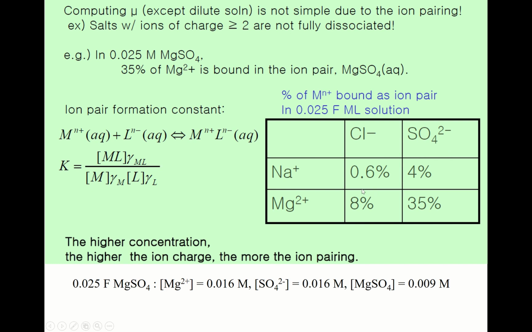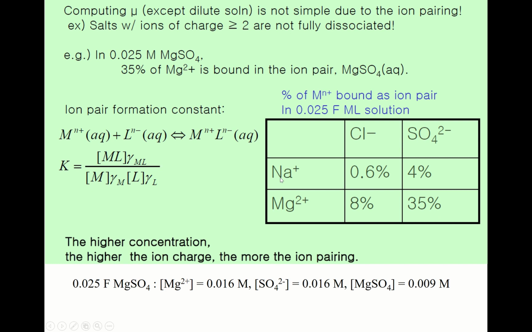So the combinations are four: sodium chloride, sodium sulfate, magnesium chloride, and magnesium sulfate. You see this percentage is the ion pair percentage. In aqueous solution, as you see, as the charges increase, the ion pair percentage is higher.